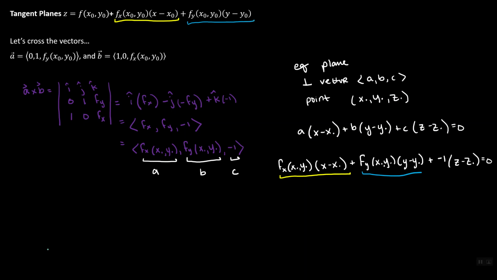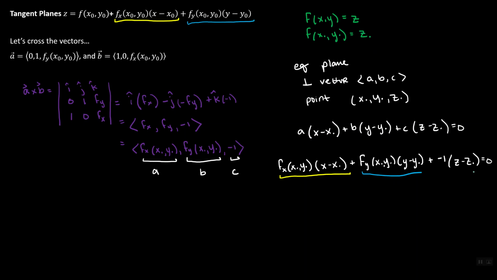But not everything matches. We have z and z0 here, and the equation of the plane up here just has a z, no z0. But if f is a function of x and y, it produces z values. So if I plug x0 and y0 into f, it'll produce z0.